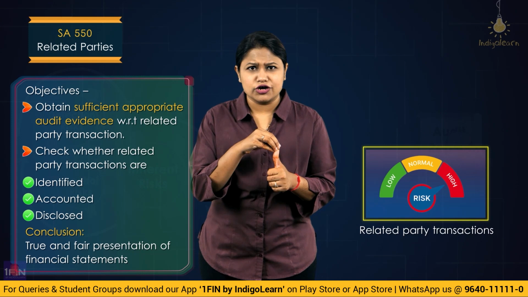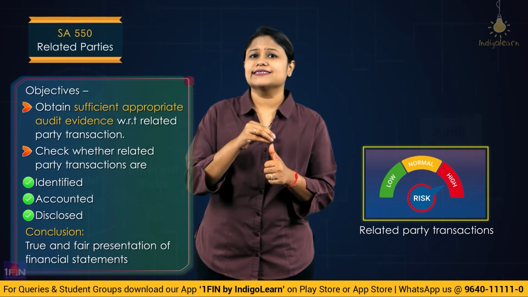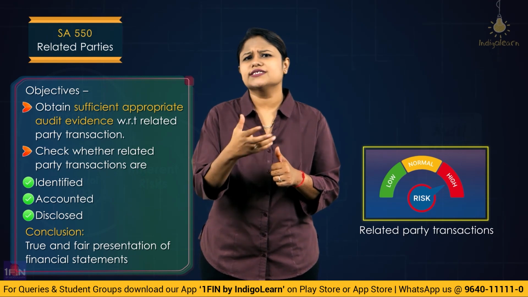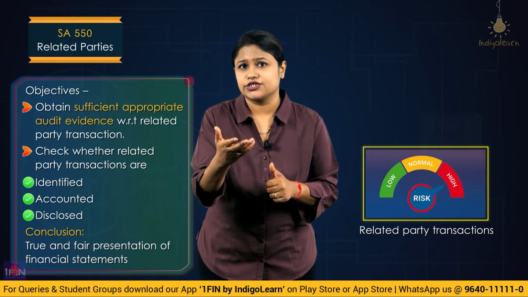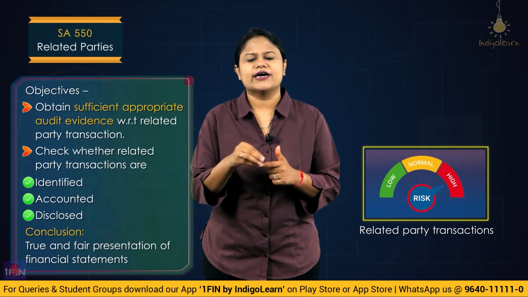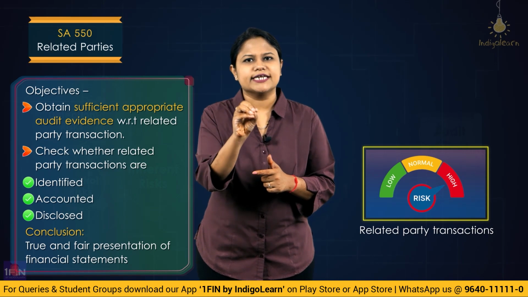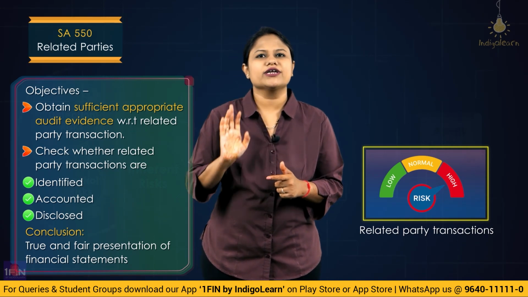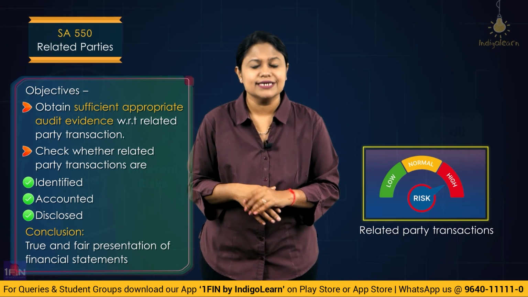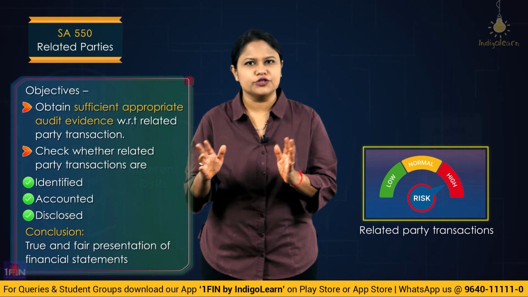Whether FRF says so or not, you have to analyze and assess RP relationships and transactions as a part of your risk assessment procedure, because these are the highest places of fraud indication, a fraud risk factor. Second, if FRF says yes, this is a related party relationship, whether it has been identified, disclosed and accounted for correctly. After doing these two, only then will you be able to give a conclusion whether the financial statements give a true and fair view or not.